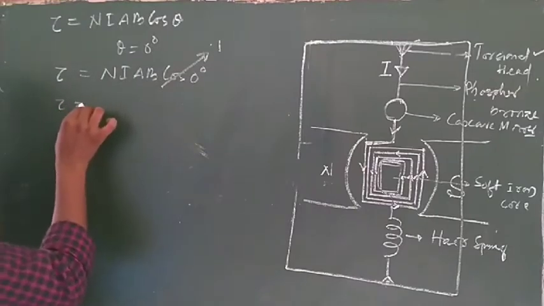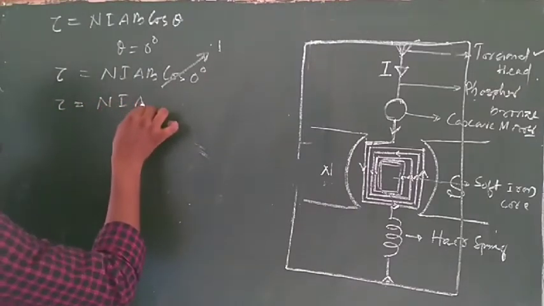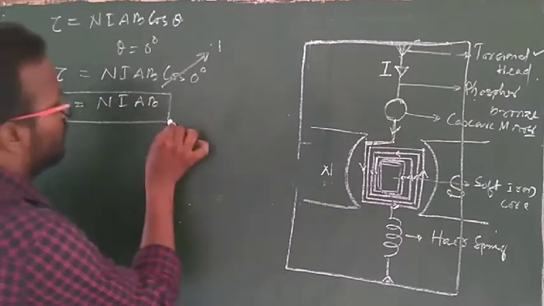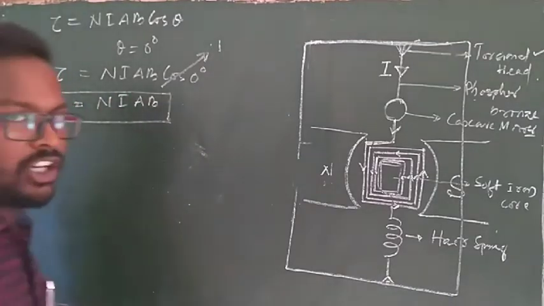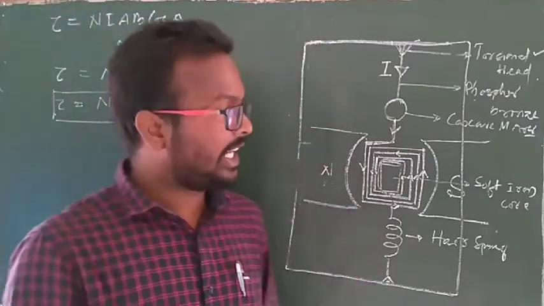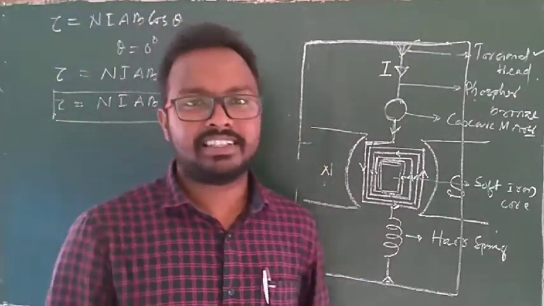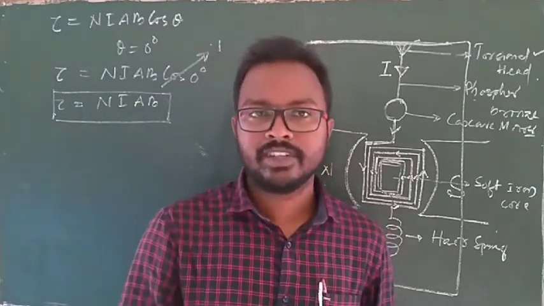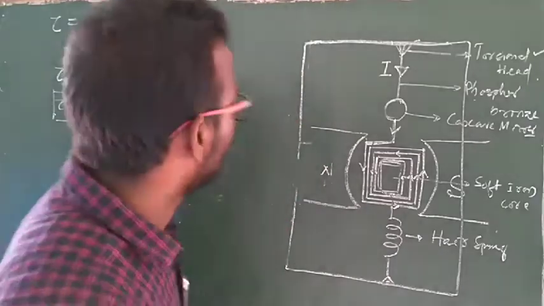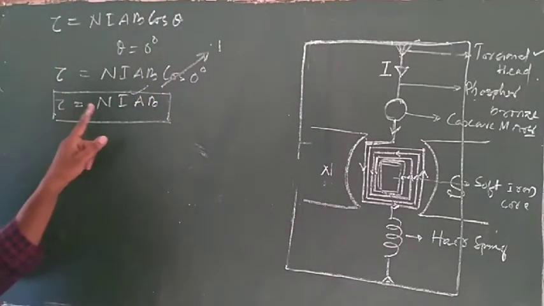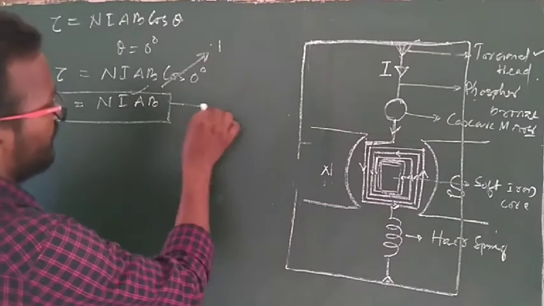So tau equals NIAB. Clear? This is the torque experienced by a current carrying loop when we place it inside a magnetic field. Here the magnetic field is radial, so tau due to the current carrying loop is equal to NIAB, equation 1.